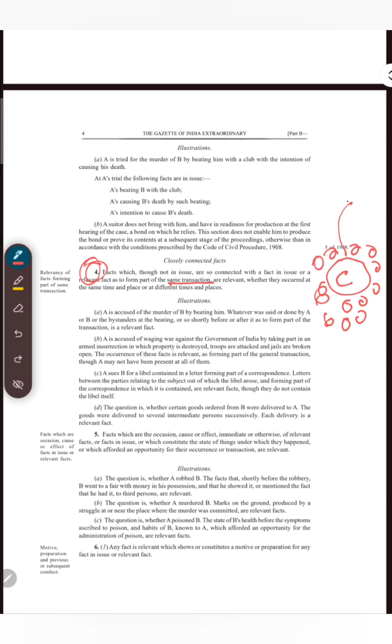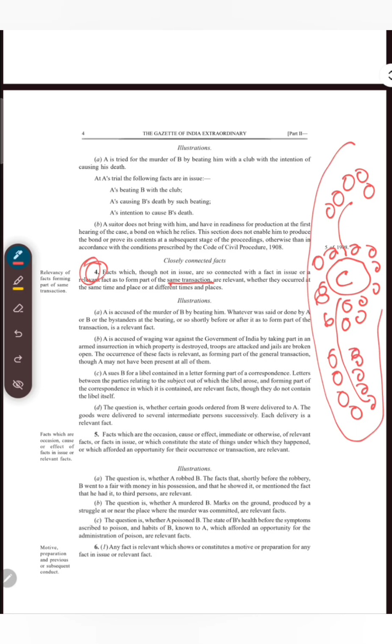Also whatever has happened a little bit earlier than the crime, and what has happened just after the commission of the crime, are all said to happen in the same transaction. Same transaction means in the same moment. That means there must be an active and linking connection between all these facts.